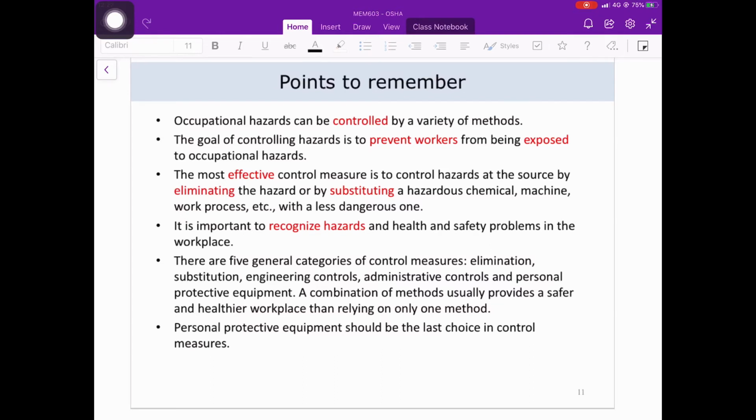Generally, there are 5 categories of control measures: elimination, substitution, engineering controls, administrative controls, and personal protective equipment (PPE). A combination of these control measures is advisable rather than relying on one method, and PPE should be the last option for the control measures.